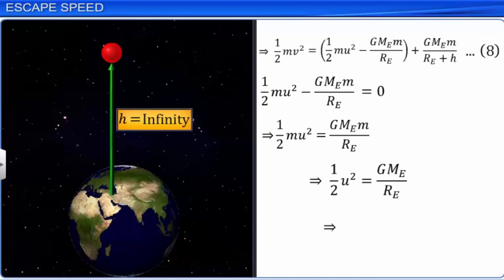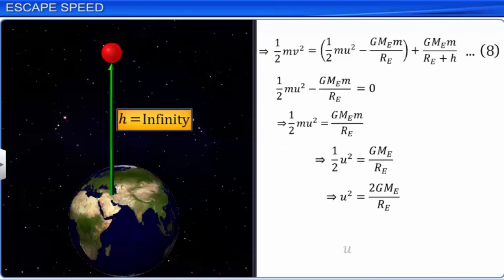Rearranging the terms in the equation and simplifying, you get the value of u as given by the equation u is equal to square root of 2 G M_E divided by R_E. Let this be equation 9.